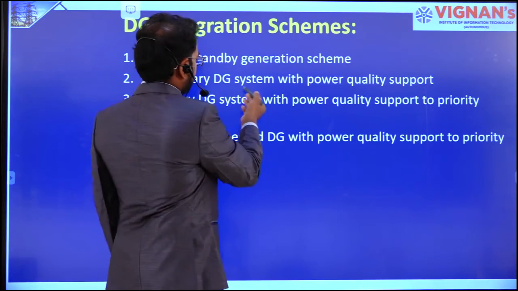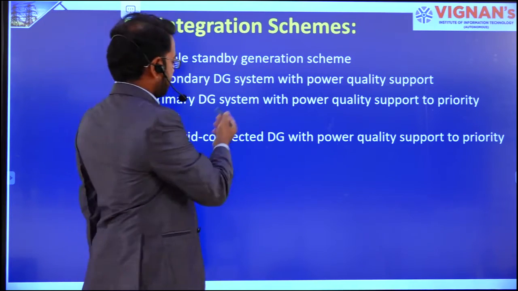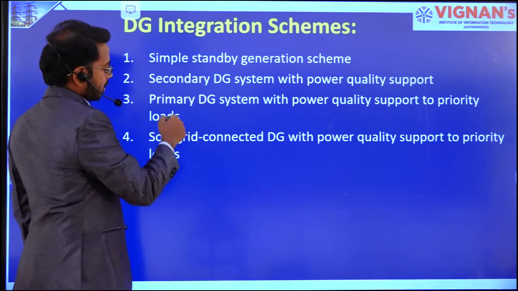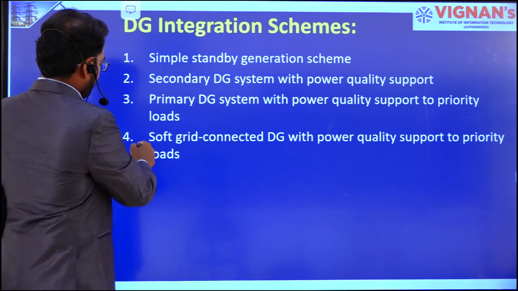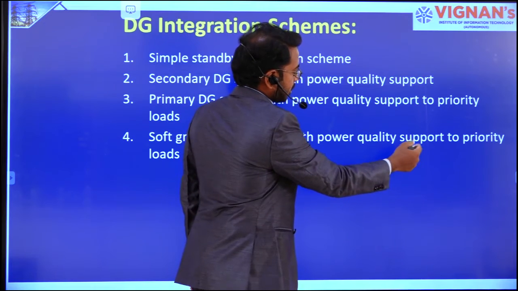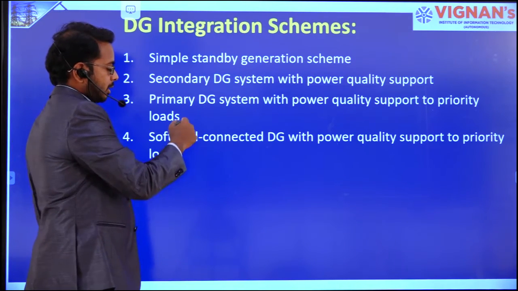The same way the secondary DG system and the primary DG system with power quality support, with priority loads, these three things are not connected to the grid side. The fourth scheme is the soft grid connected DG with power quality support to the priority loads. For this one, we are connecting to the grid.